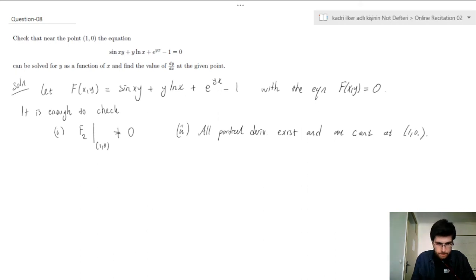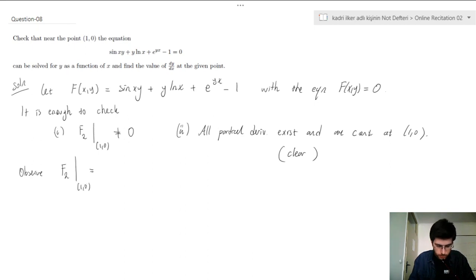Okay, but now let's clearly observe that. This part is more or less clear, right? Because if you look at all partial derivatives, you have a sine, ln, so at that point everything goes smoothly, no problem. But the crucial part is, let's compute this thing.